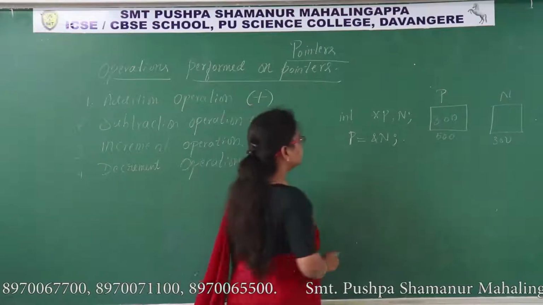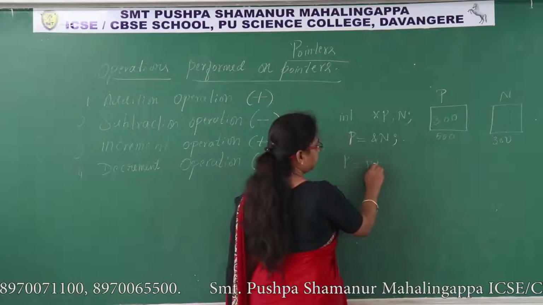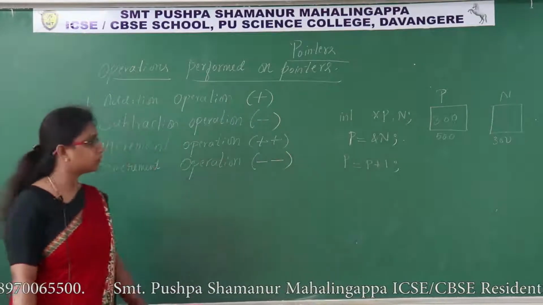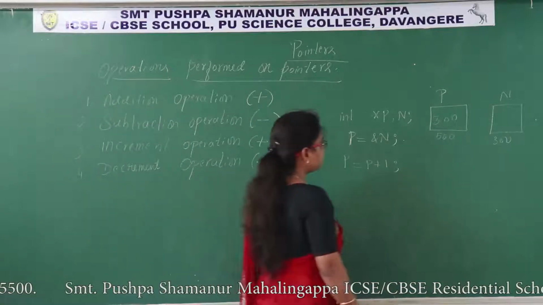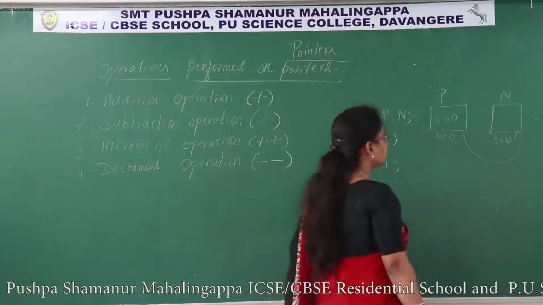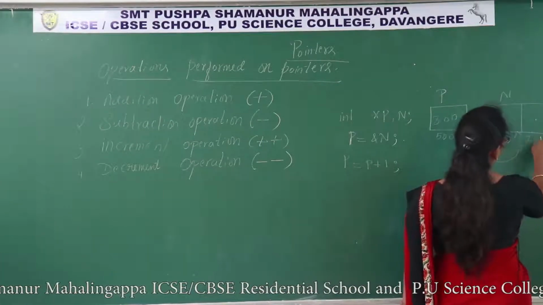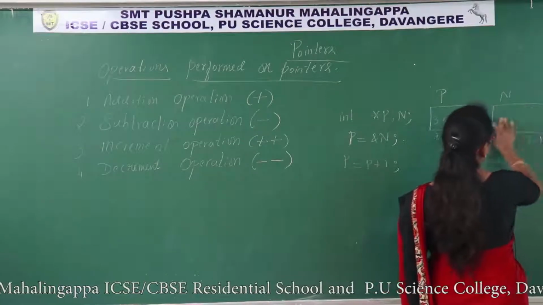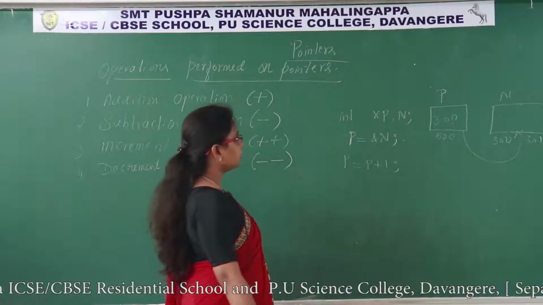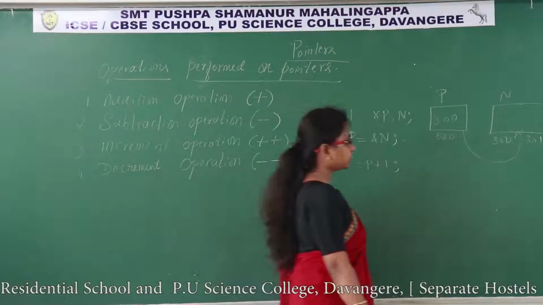Understood? Now, if I perform p = p + 1 on this pointer p, what happens? Right now p is pointing to memory locations 300 and 301, isn't it? The whole thing we consider as 2 bytes. n is an integer type variable, so it occupies 2 bytes of memory.